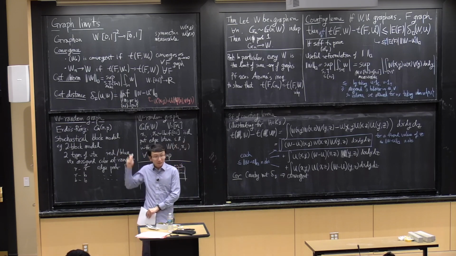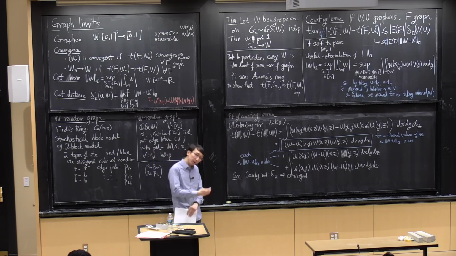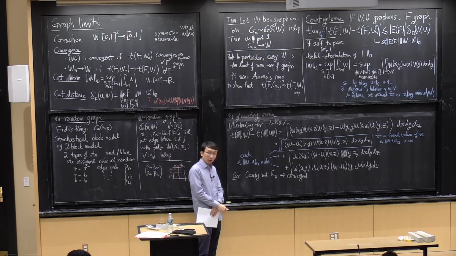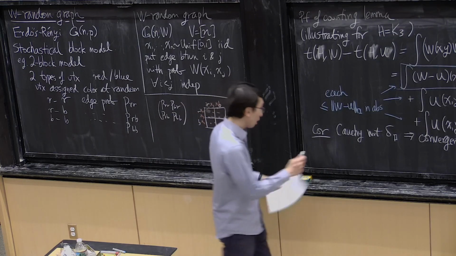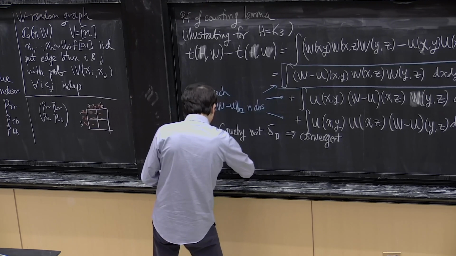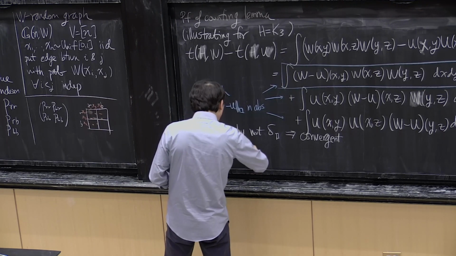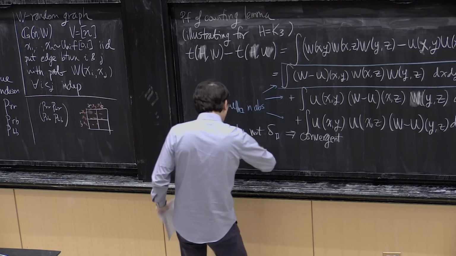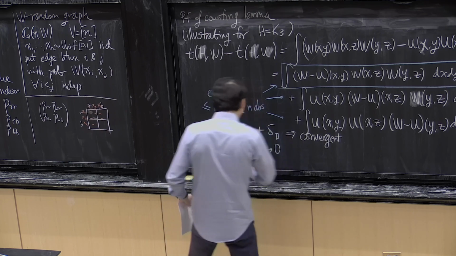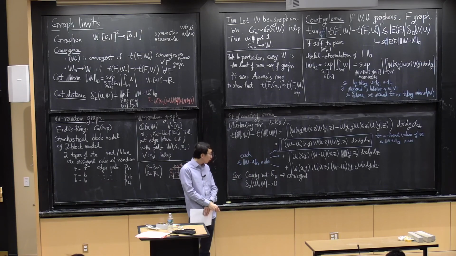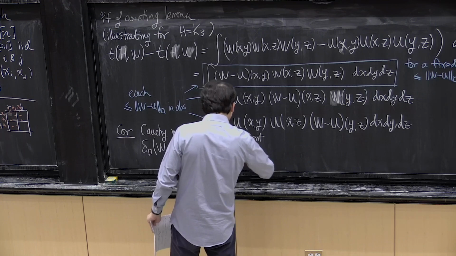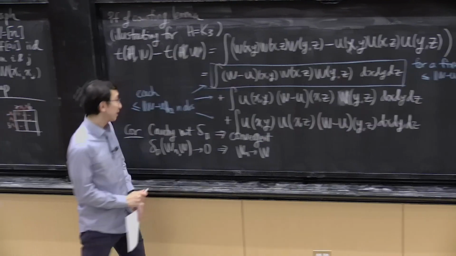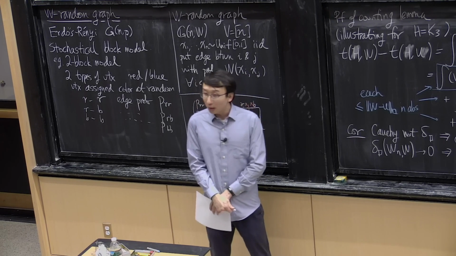Recall the definition of convergence: it has to do with F densities converging. If you have a Cauchy sequence, then the F densities converge. Also, a related but different statement is that if you have a sequence W_n that converges to W in cut distance, then it implies that W_n converges to W in the sense defined for F densities.